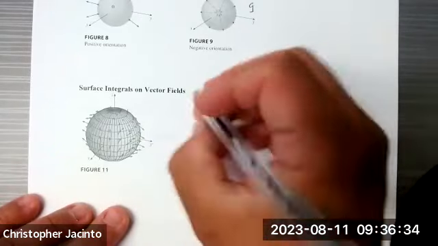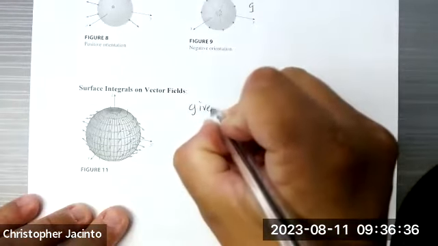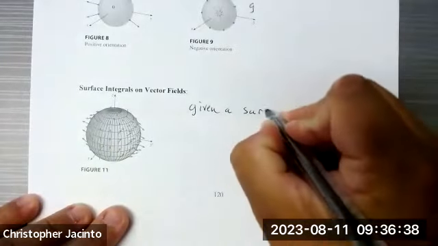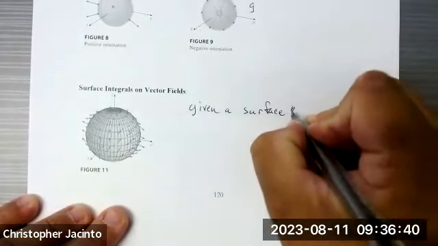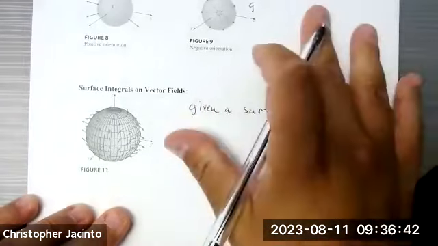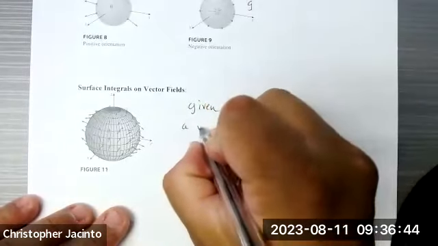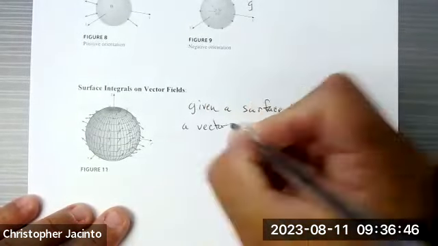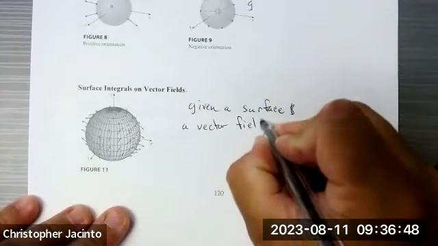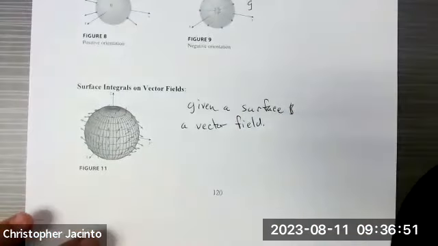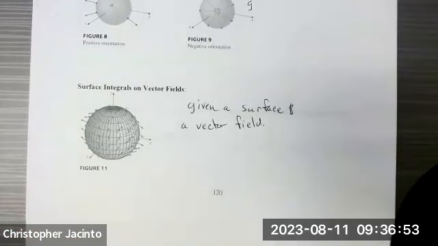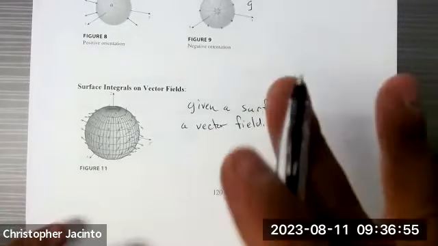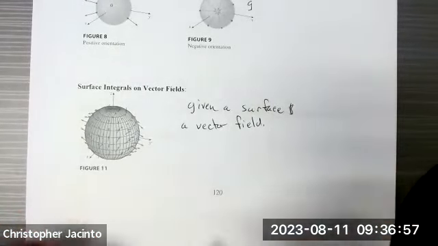So given a surface and a vector field, like we have here, what we're going to do is look at it and project it to a two-dimensional plane.